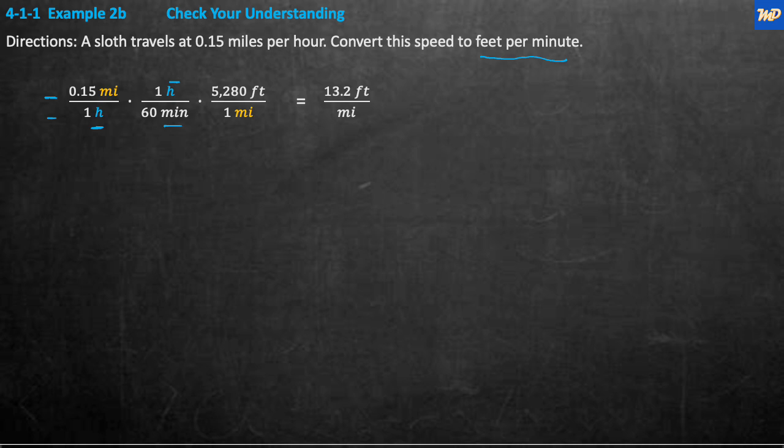So the hours will cancel out and the miles cancel out. The hours are all gone. And what are you left with? You're left with 0.15 times 5,280 divided by 60. Okay? And when you do that, you'll get 13.2 feet per minute.